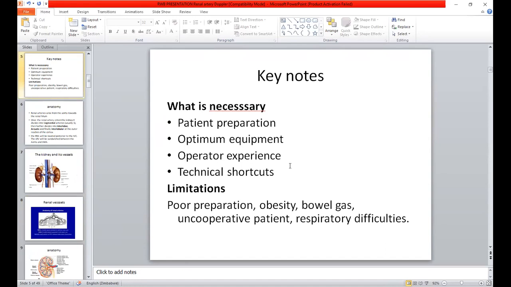So what is important in renal vessels evaluation, specifically the renal arteries, is the patient preparation. There is need for proper patient preparation. There is need for using optimum equipment with very good Doppler sensitivity.